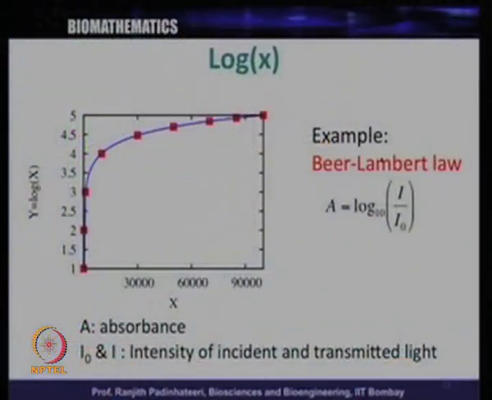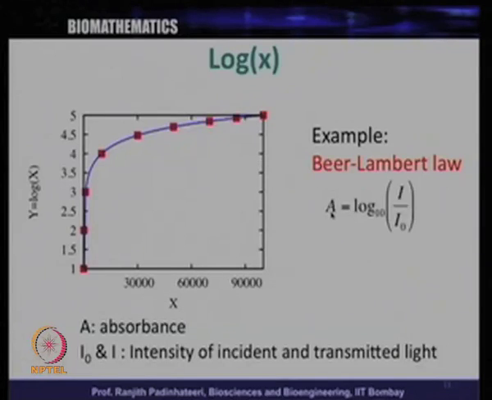Now, what is the use of this log? As you see here in this slide, many of you might have learned the Beer-Lambert law, which is a law that relates absorbance.